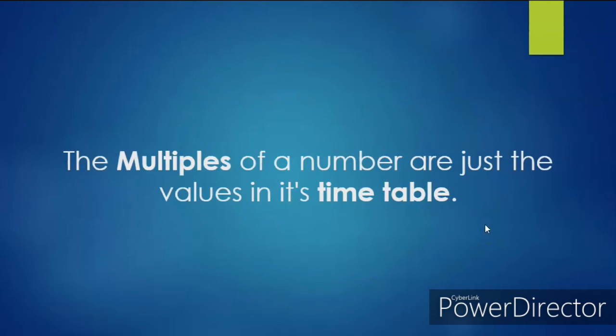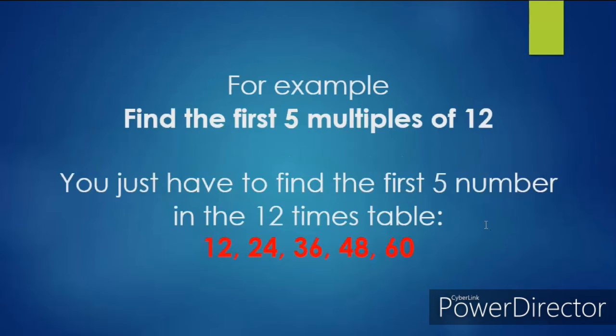The multiples of a number are just the values in its times table. Now let's take for example, we are asked to find the first 5 multiples of 12.